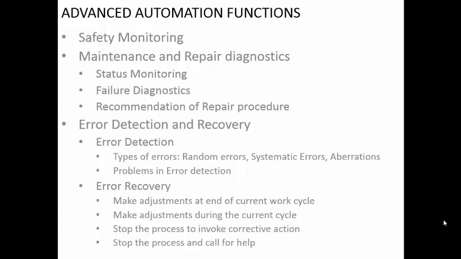So what are the problems in error detection? The main problem in error detection is to make reasonable guesses of what the errors are that can happen. Only if we know what errors can happen, can we have certain provisions to know whether it has happened or not. Detection can be done by using some sensor.